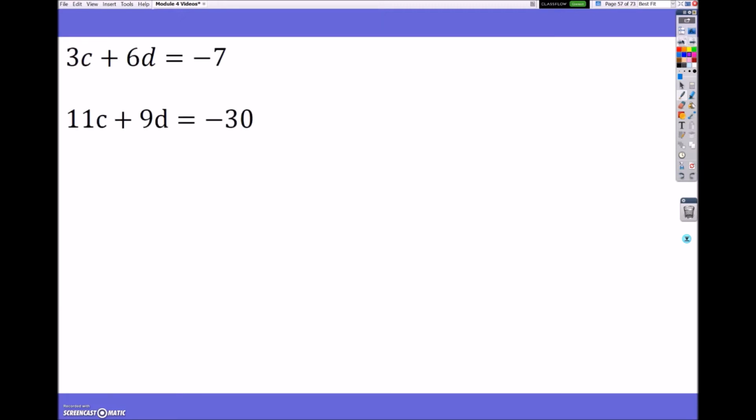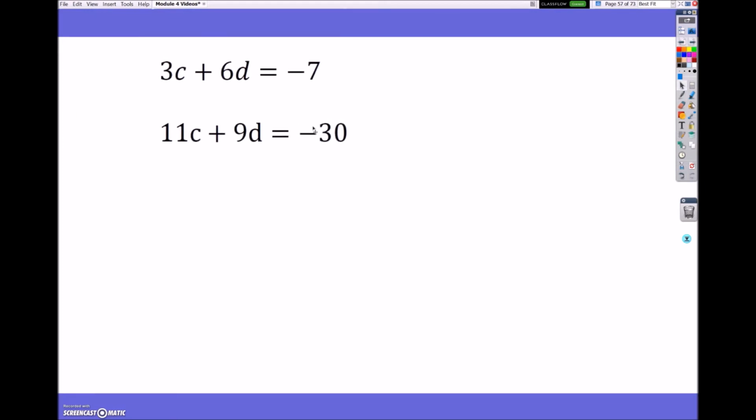All right, so let's go ahead and look at the last one right here. On this one, I need to get a common denominator, a least common multiple. So I look at the 3 and the 11, I look at the 6 and the 9, and I think I can get it closer if I do 6 and 9. So the least common multiple between those two is 18.